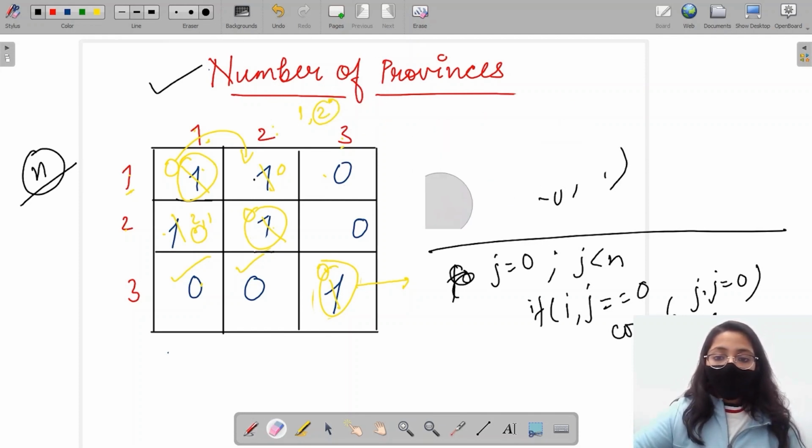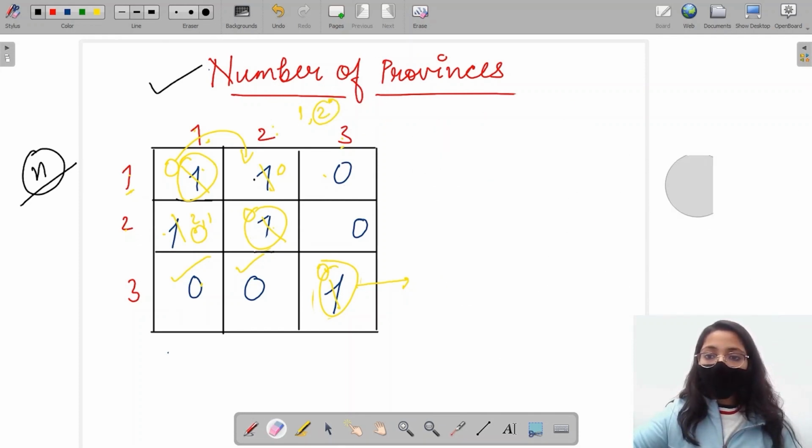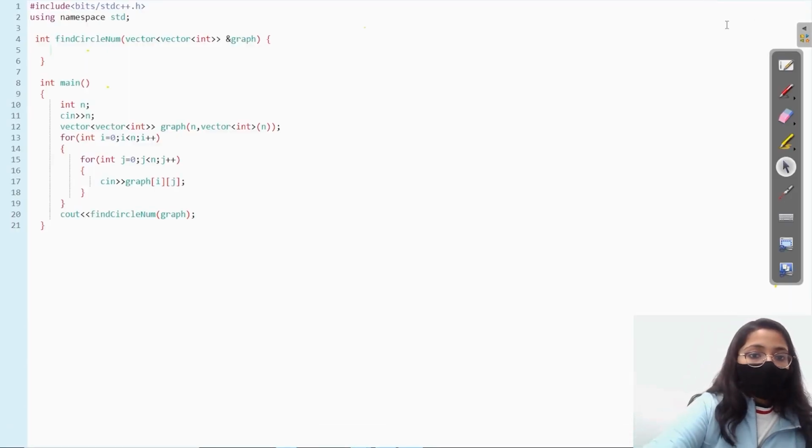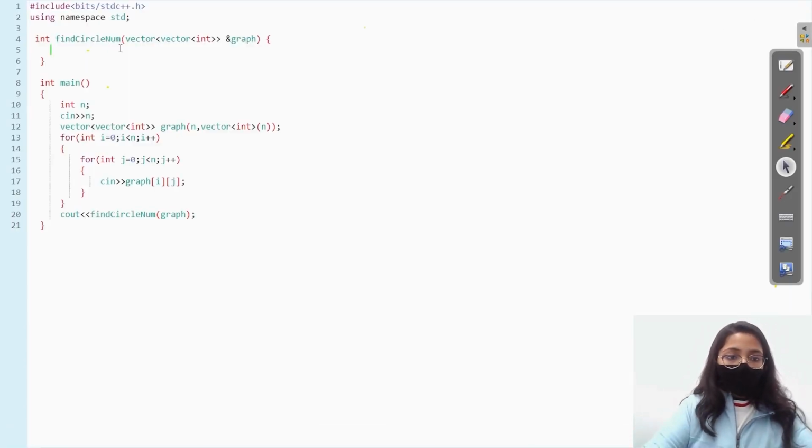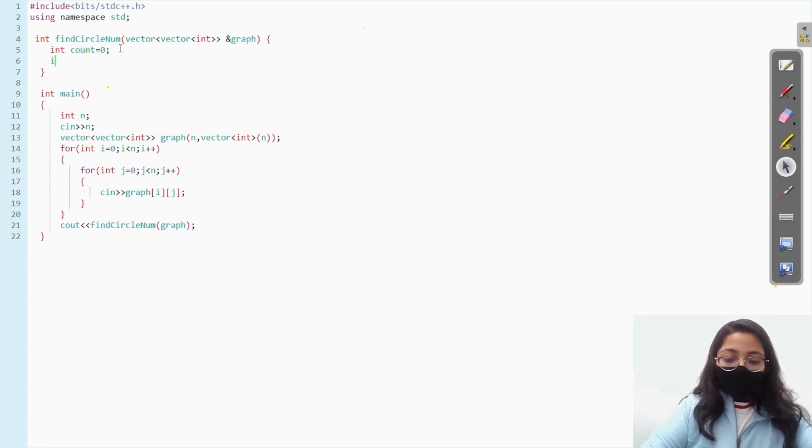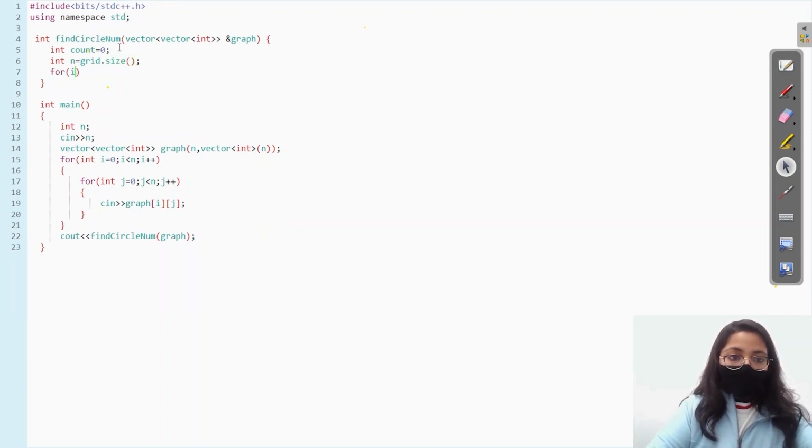Okay. So now let us try to do this using code. Over here, we have int count as 0, int n as grid dot size, and we will move in the rows. So for int I equals 0, I is less than n, I plus plus.